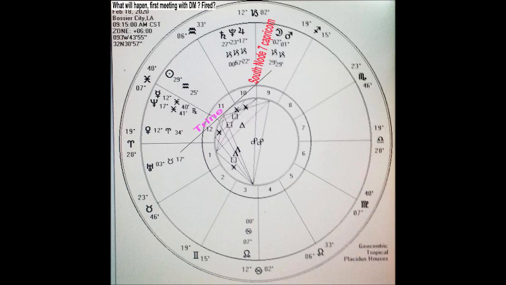You can also progress the house or the houses, and that's generally done to confirm the completion of the aspects. For instance, if you want to know when you will marry or meet your future partner, there has to be an aspect with the seventh house ruler, Venus, and you.